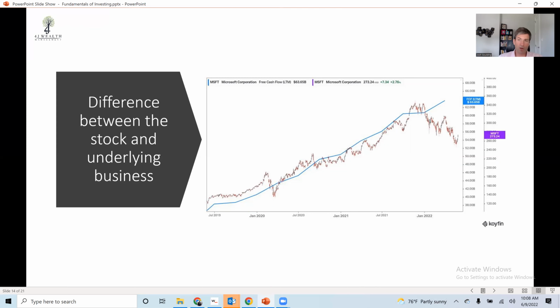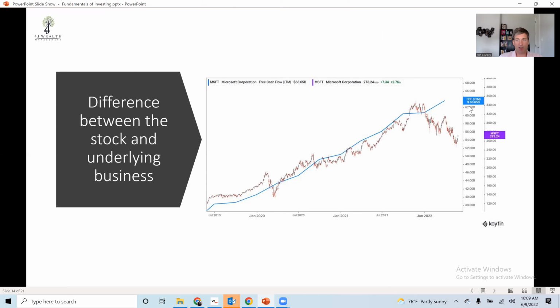And if you look at the most recent period, going back to the beginning of January, end of 2021 here, we've seen this not just with Microsoft, but a number of companies, is that the valuation and the stock price has gone down, even though the free cash flow has largely continued that upward trajectory.